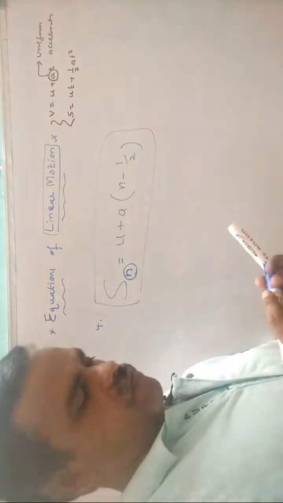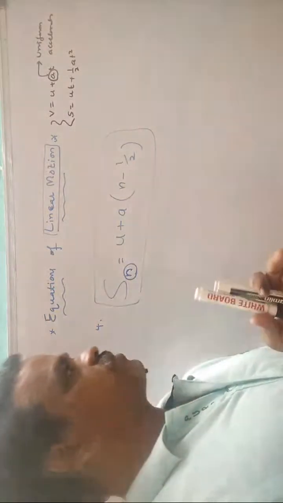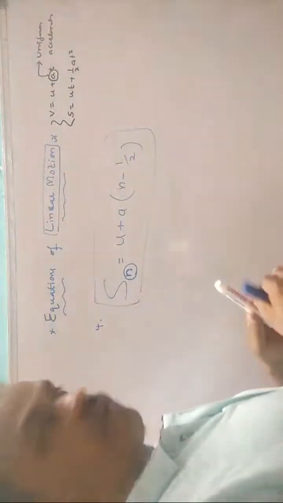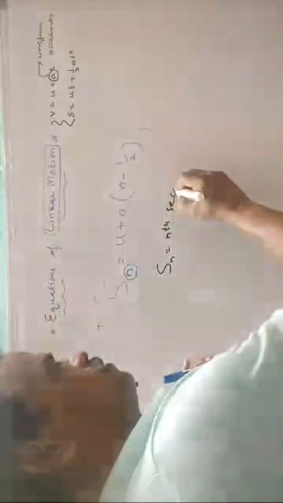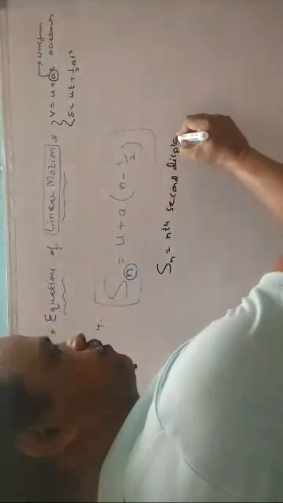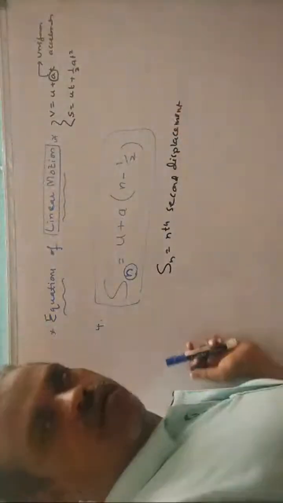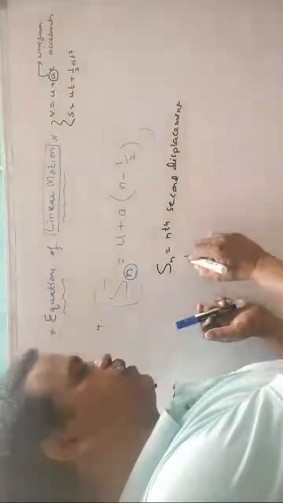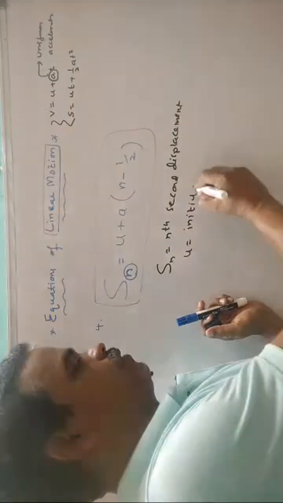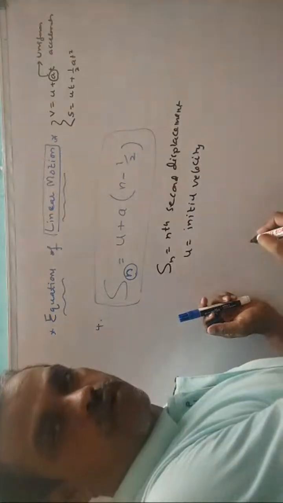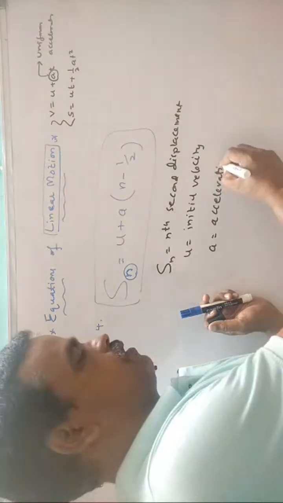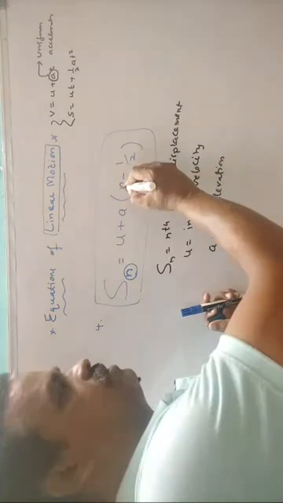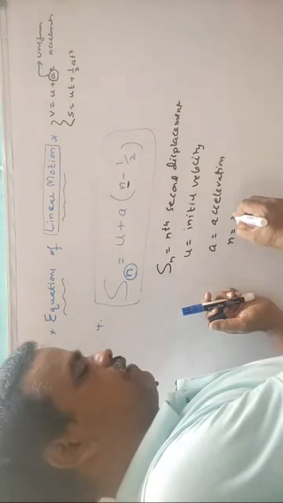What information can we get from this equation? Sn is the nth second displacement, u is the initial velocity, a is the acceleration, and n denotes the nth second.